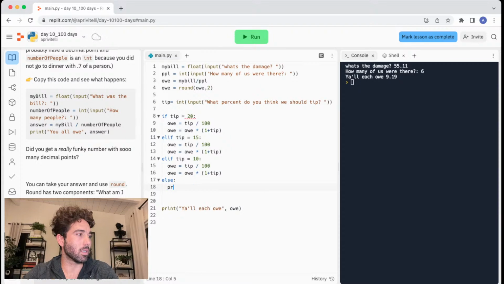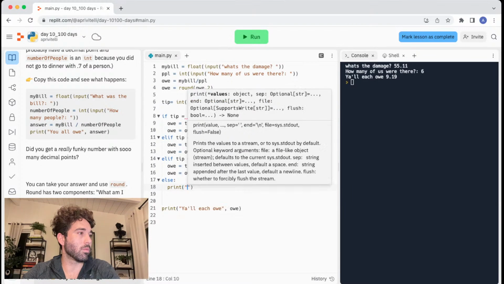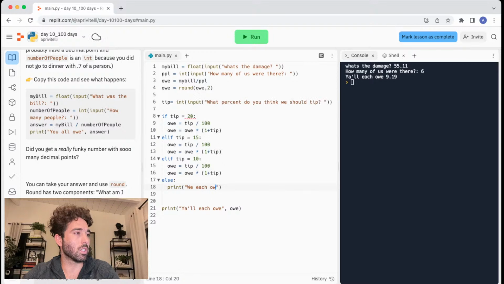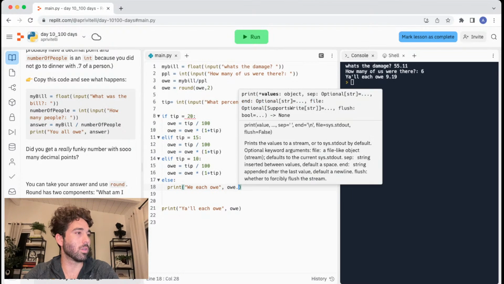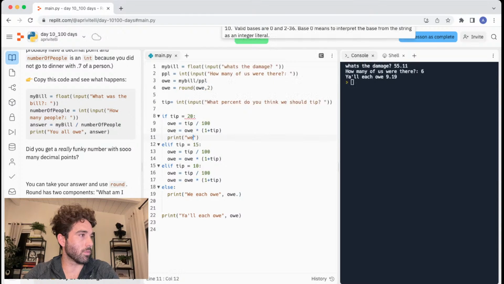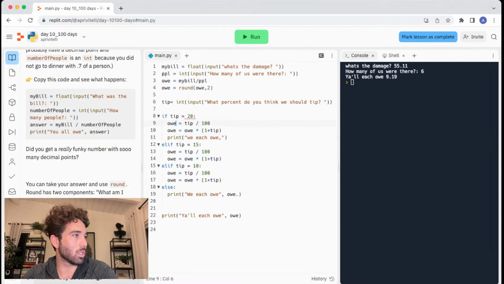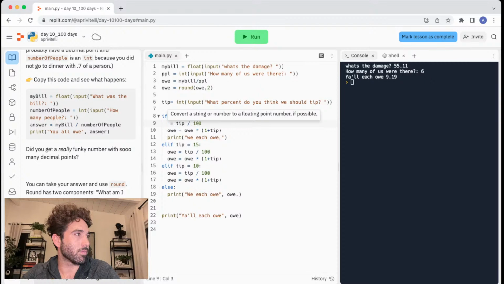Otherwise print, we each. Okay. So total, tip equals that.